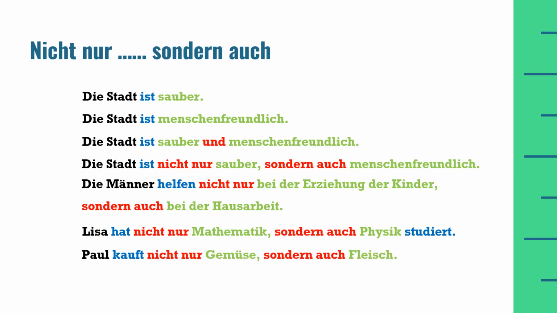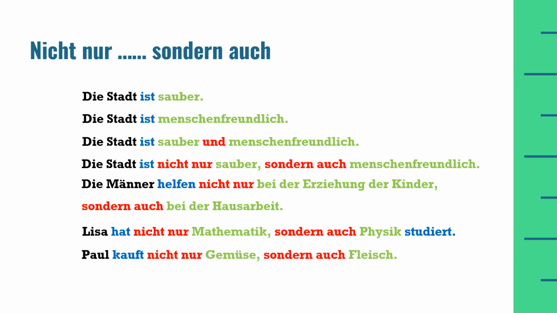Another example: Paul kauft nicht nur Gemüse, sondern auch Fleisch. Paul not only purchases vegetables but also meat. Fleisch means meat. Again, we have followed the same sentence structure. We have started the sentence with the subject Paul, then comes the verb kaufen, which is conjugated according to Paul and becomes kauft.